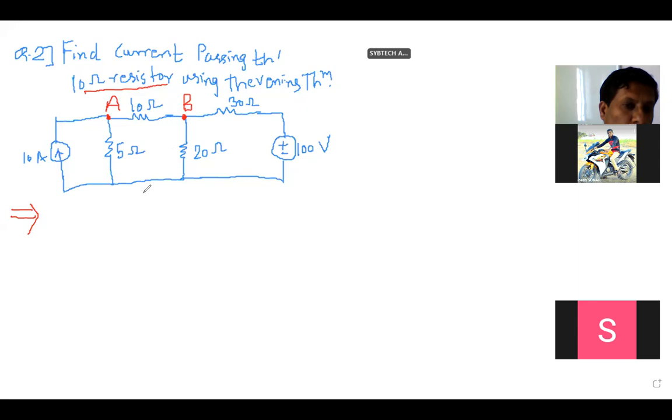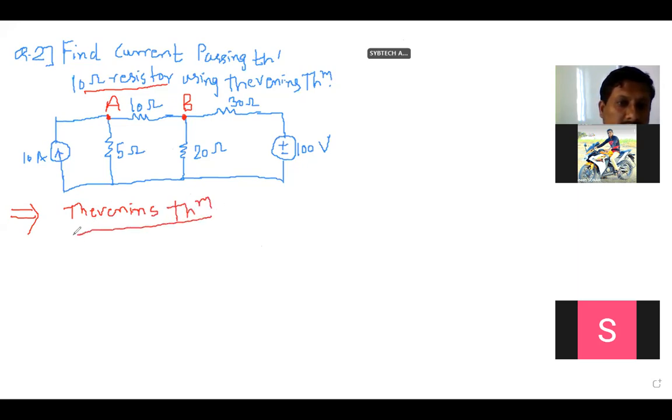So I have to use Thevenin's theorem. Is this type 1 or type 2? Type 1, because two sources are there, both are independent.